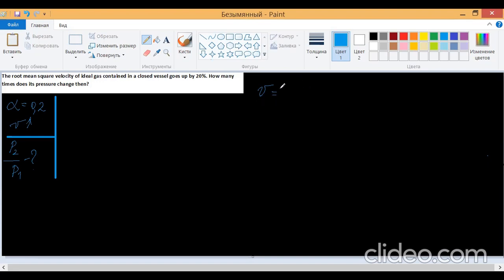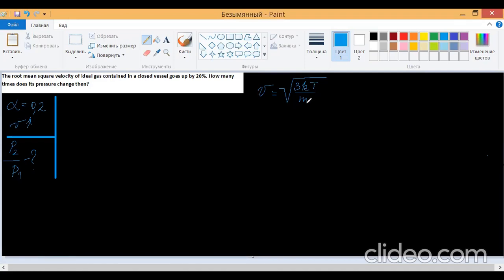It can be calculated as the square root out of 3 times k times T over m, where k is Boltzmann's constant, T is the temperature, and m is the mass of one molecule of the gas.